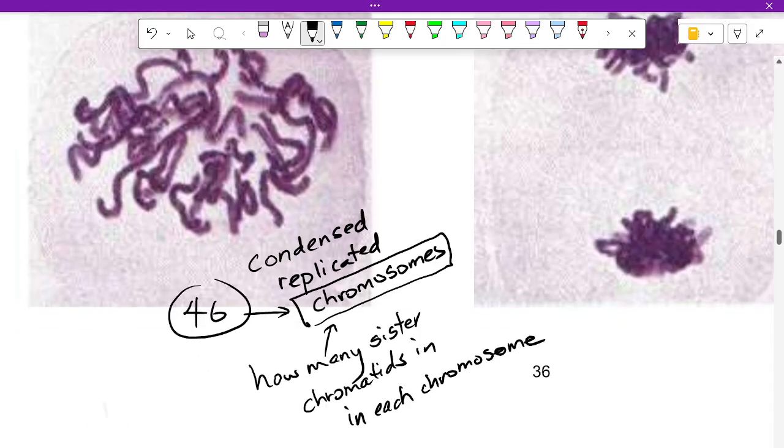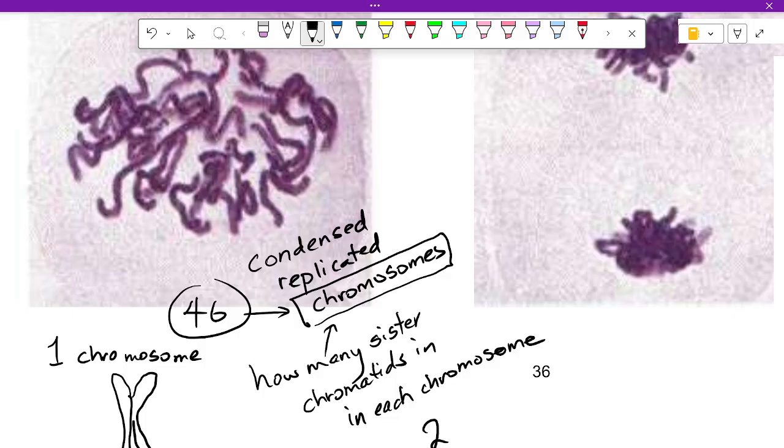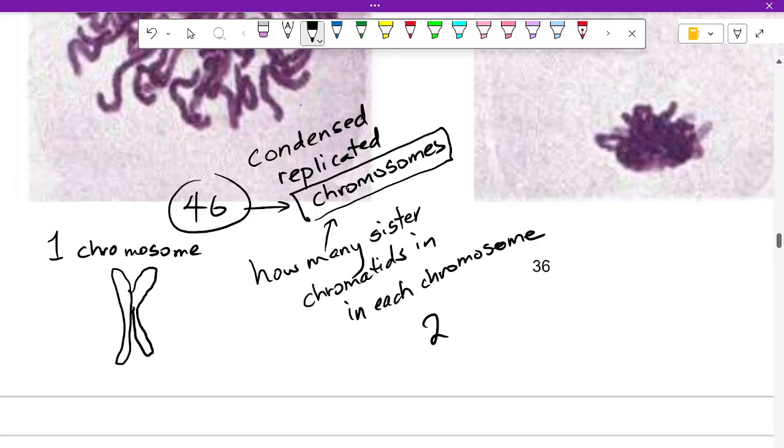How many sister chromatids in each chromosome? 2. Because here's one chromosome. Yes, and it's made of 2 sister chromatids.